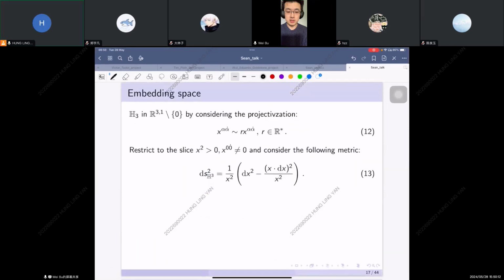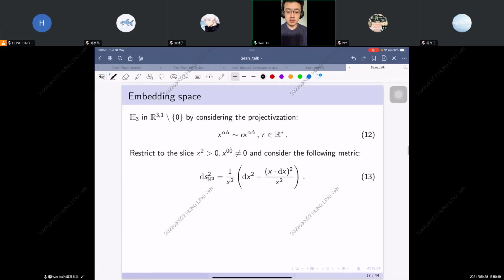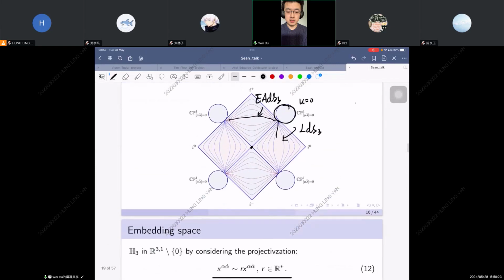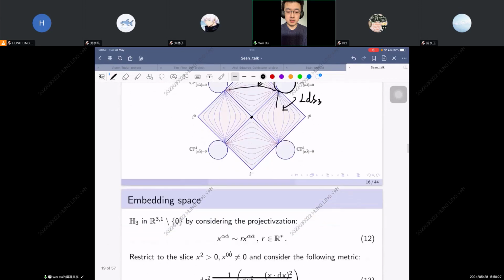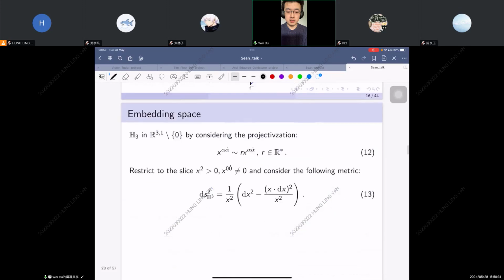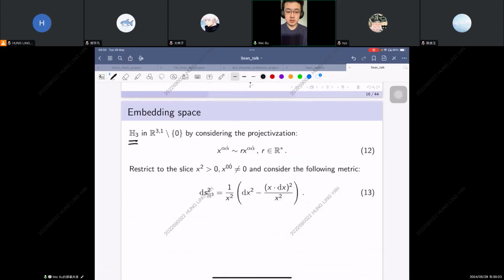Okay, so this induces the notion of the embedding space formalism. You can start with Minkowski space itself and consider a projectivization, where you take away the scaling in Minkowski space. That amounts to taking a symmetry direction along this direction, say. And write hyperbolic 3-space, which is Euclidean AdS3, with the following metric.